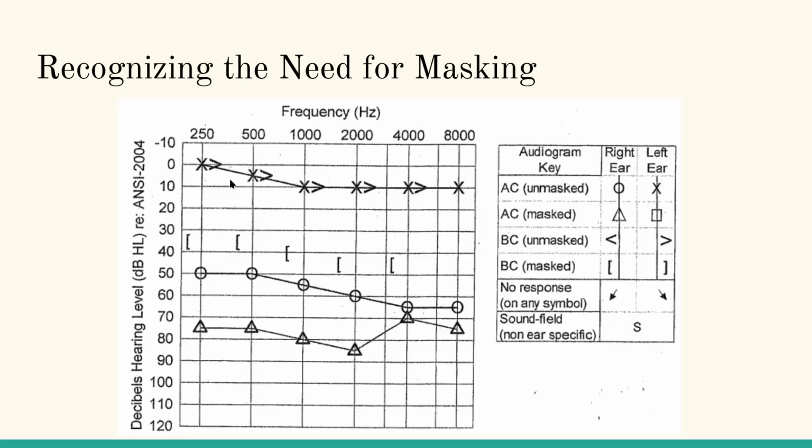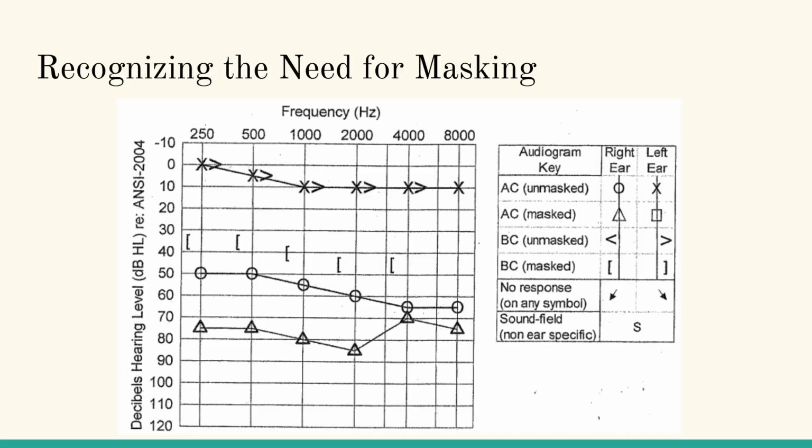I'm sorry, we don't have unmasked air conduction thresholds in the right ear. It's because we applied clinical masking in that situation. What I meant to say was, why do we need masked right ear air conduction thresholds in this situation?